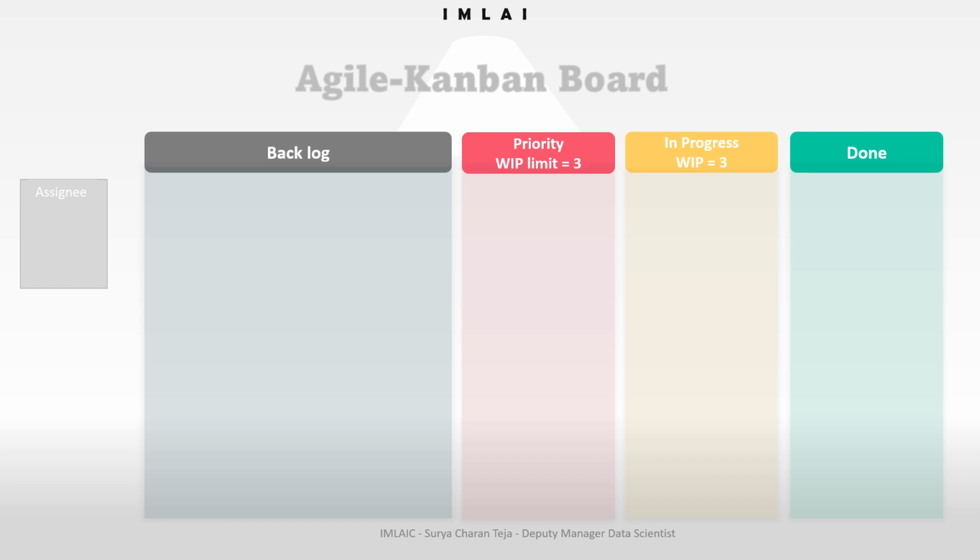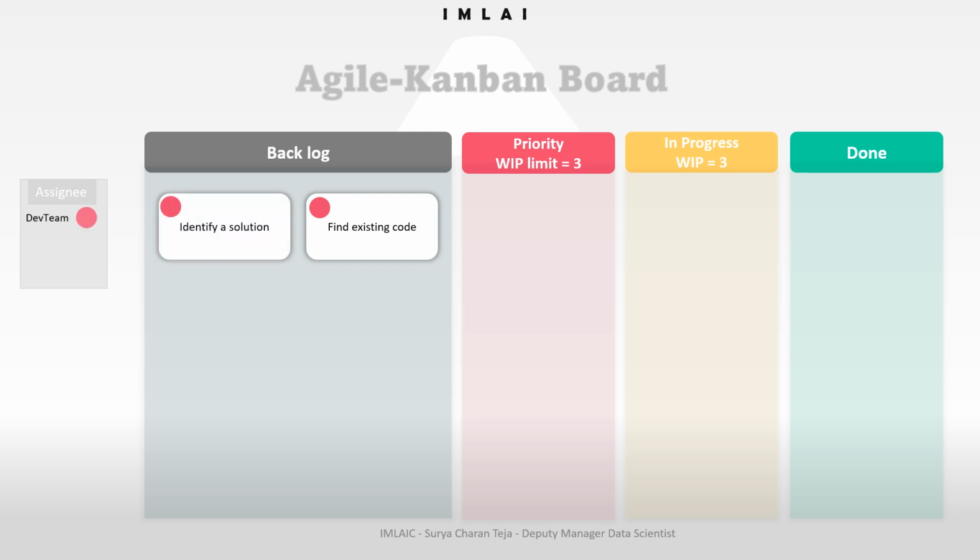So let's take a real life example. We have our assignees from the dev team, and some tasks are attached to the dev team which they have to complete. These are all in our backlog: find an existing code, identify a solution, write code, design the pricing web page.